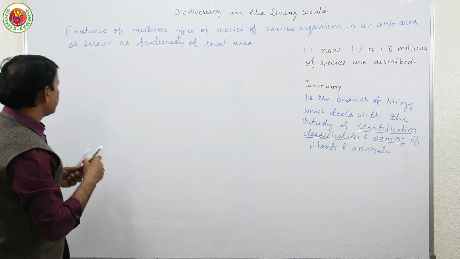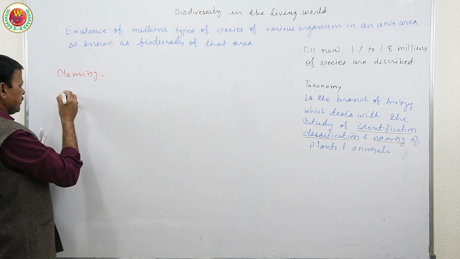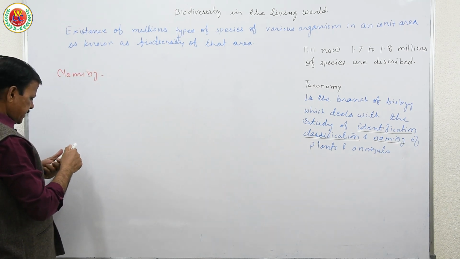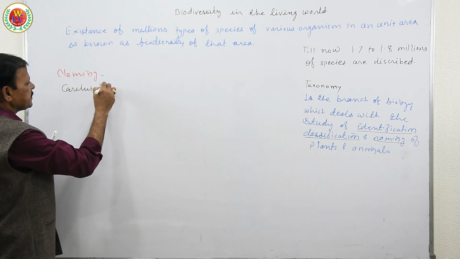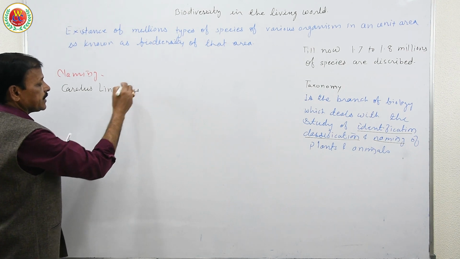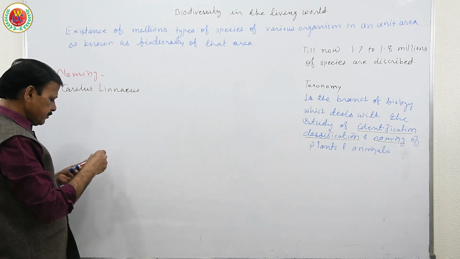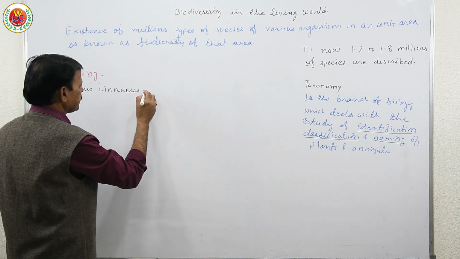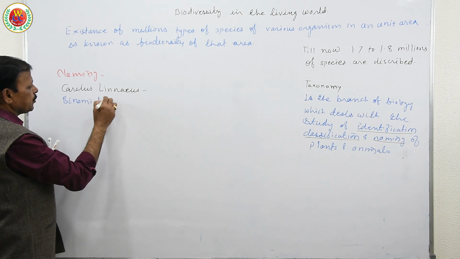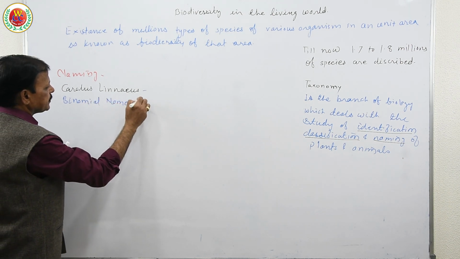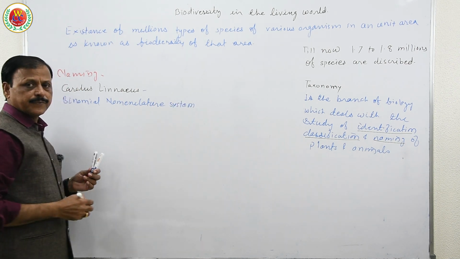What is the naming? Carolus Linnaeus, a scientist, has given a special system called the binomial nomenclature system to name them.